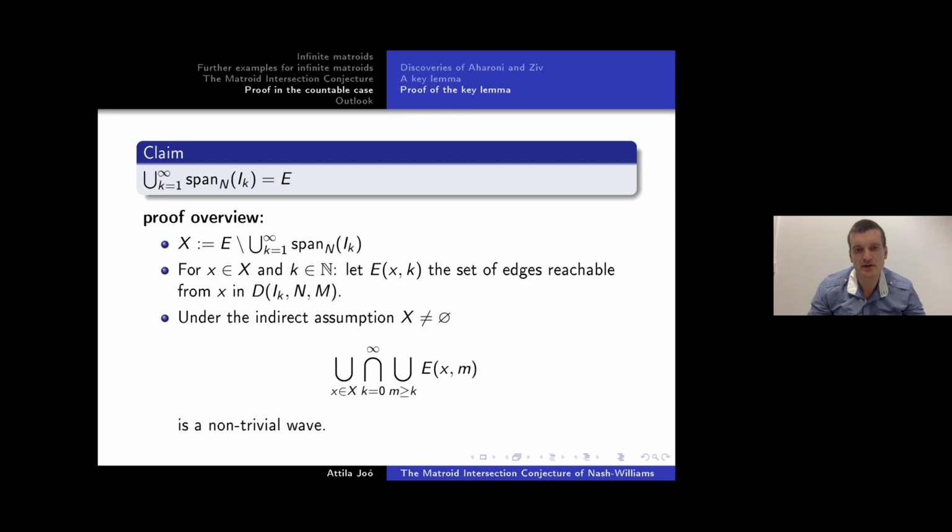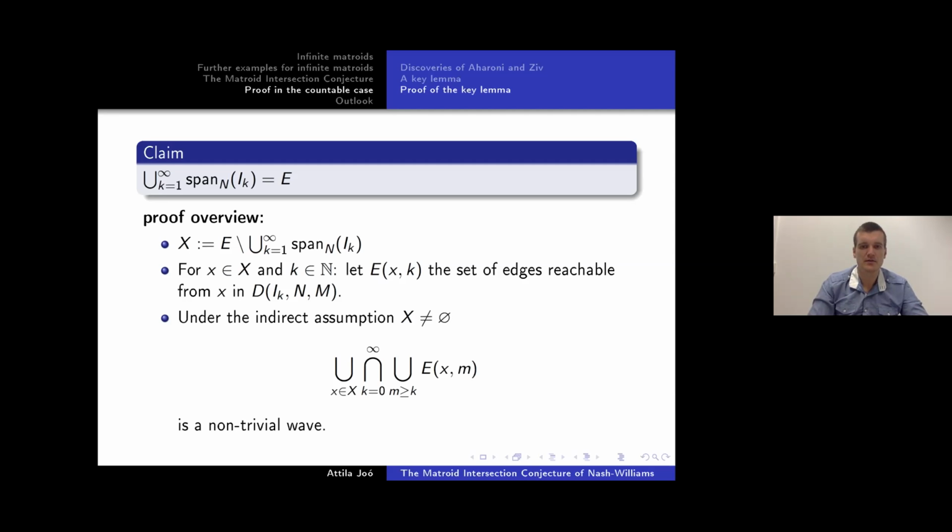So under the indirect assumption that this X set is non-empty, for every such X there will be some index where X just gets stuck. From that index, if we take an auxiliary digraph for some larger index, there is no augmenting path from X.